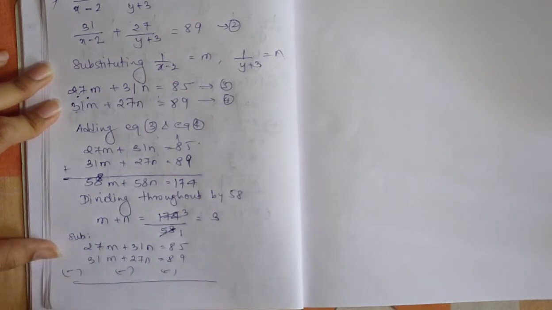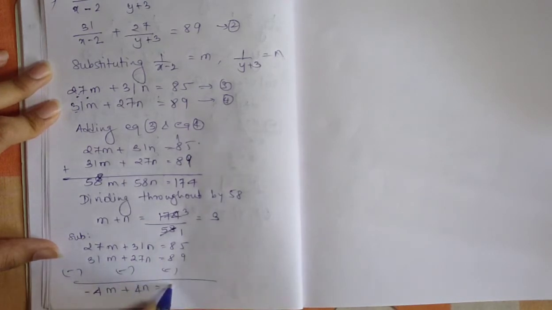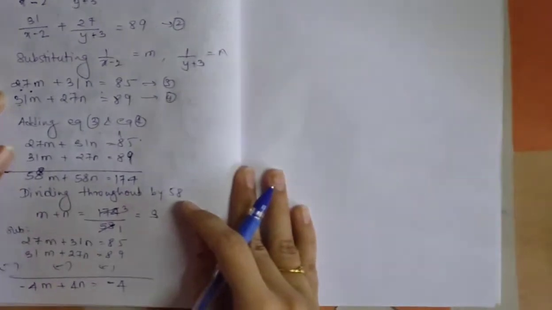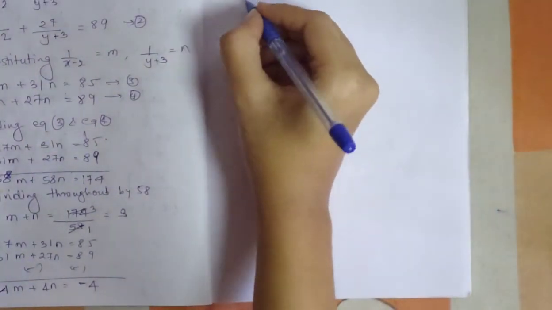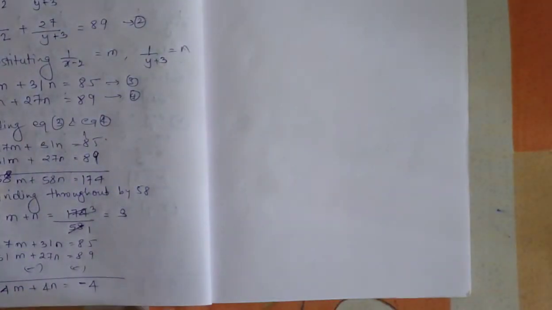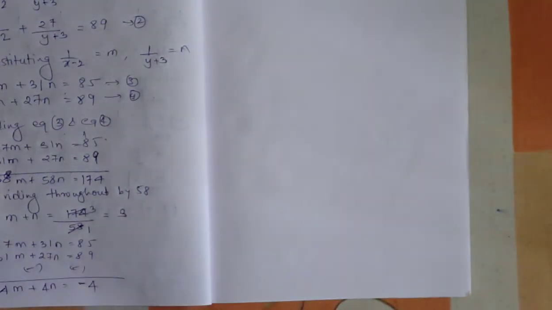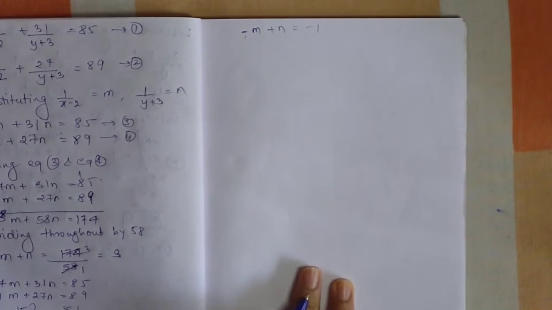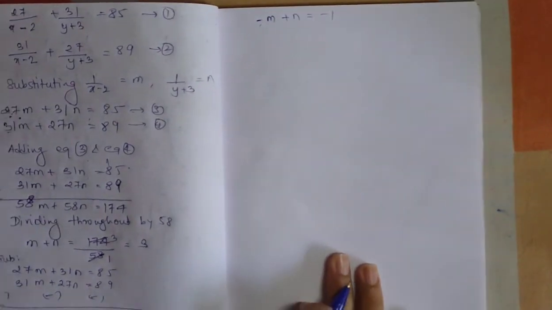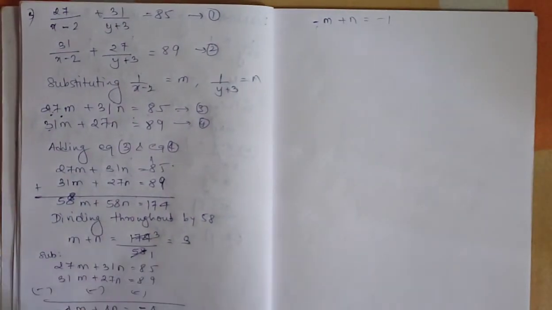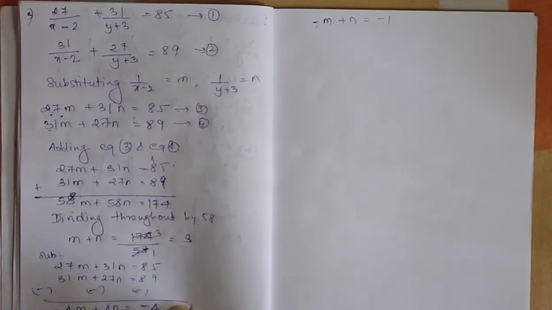So after subtracting, this is minus 4m plus 4n is equal to minus 4. So after this it will become what? Dividing throughout by 4, minus m plus n is equal to minus 1. Okay, so this is what we have understood here. Minus m plus n is equal to minus 1.